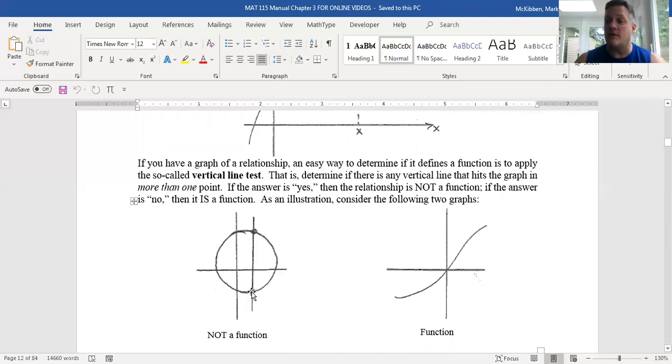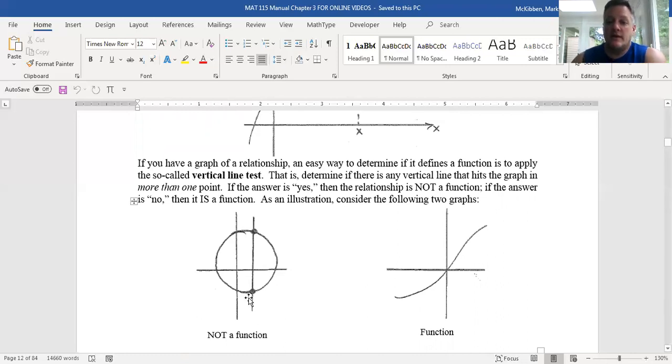Remember, the outputs when put together with that x give you an ordered pair on the curve. And so if there is more than one point on that vertical line that's on the curve, that means that value of x has more than one output. It cannot be a function.